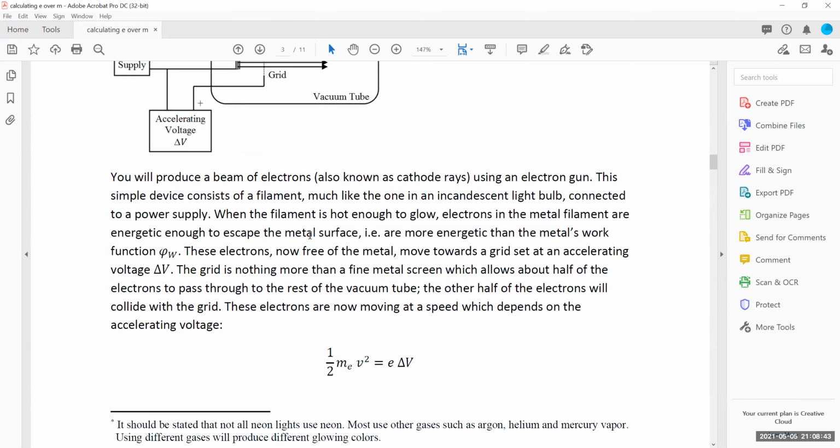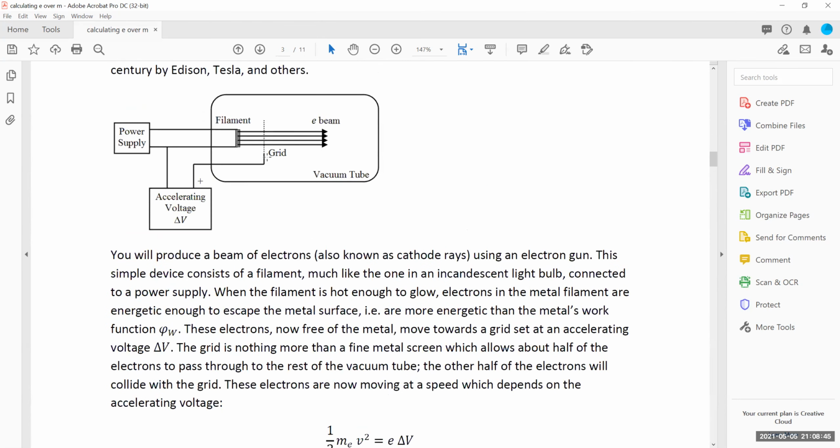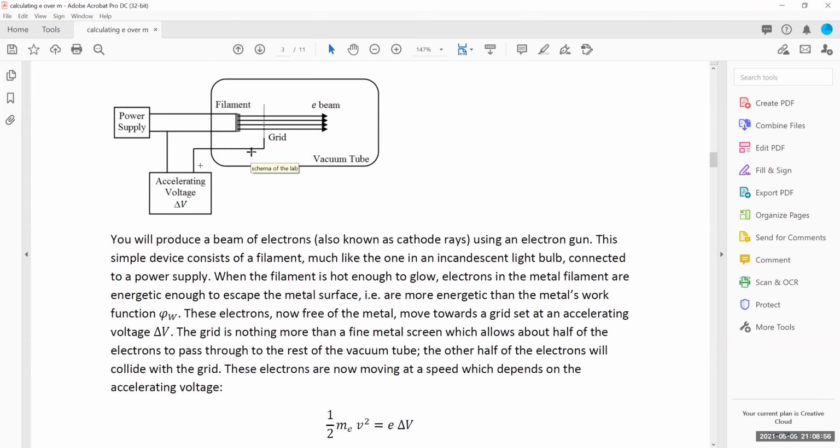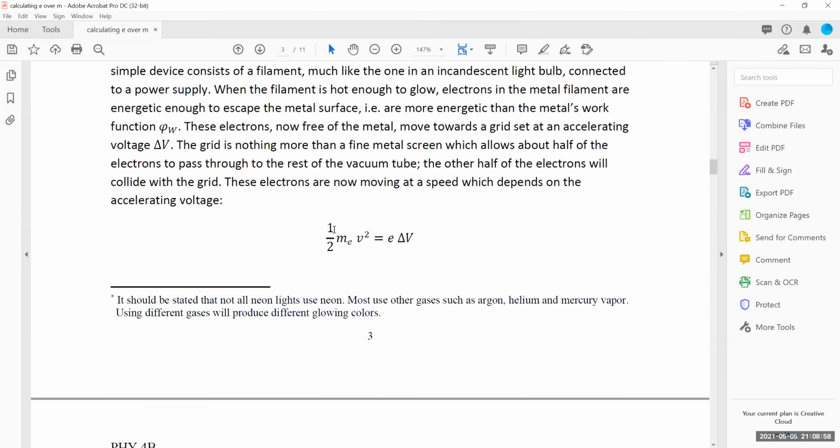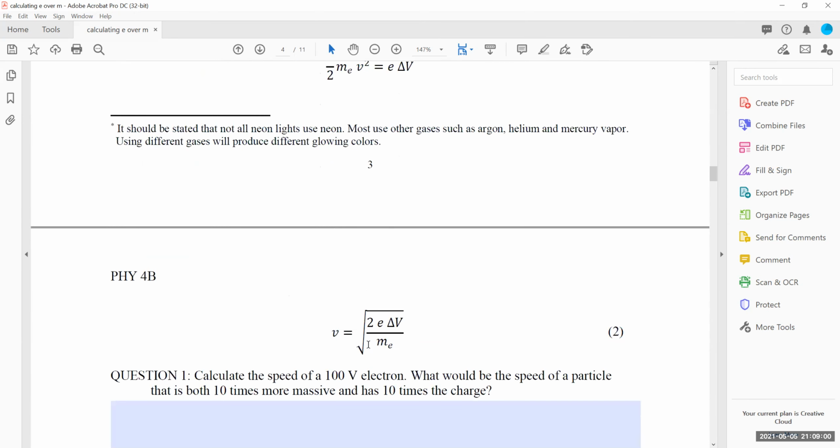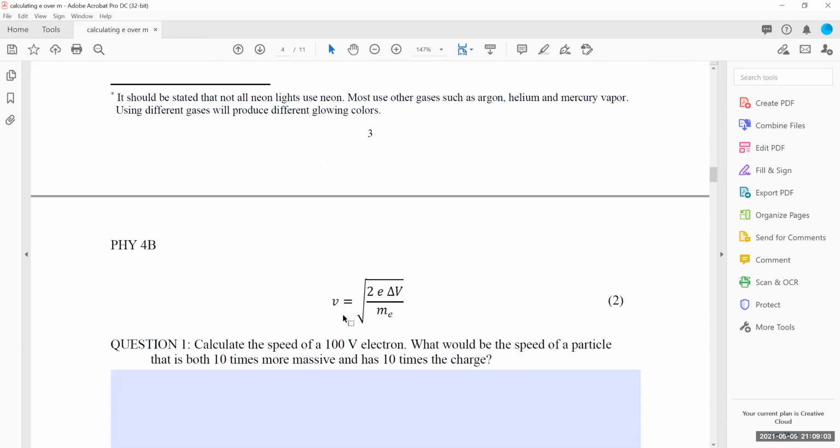How much kinetic energy they gain uses conservation of energy: the final kinetic energy minus the initial kinetic energy is equal to the difference in potential, which is charge times the electrical potential. From here you find how fast they come out.